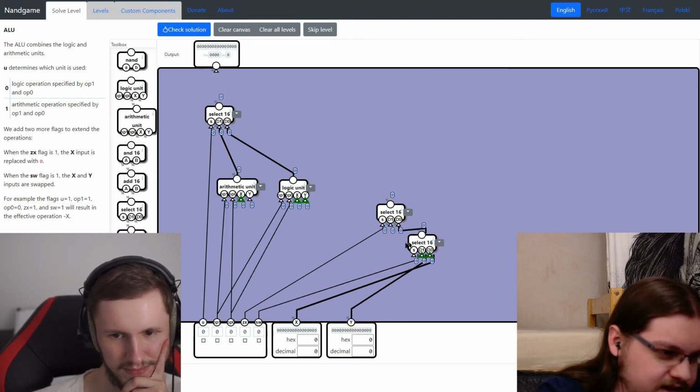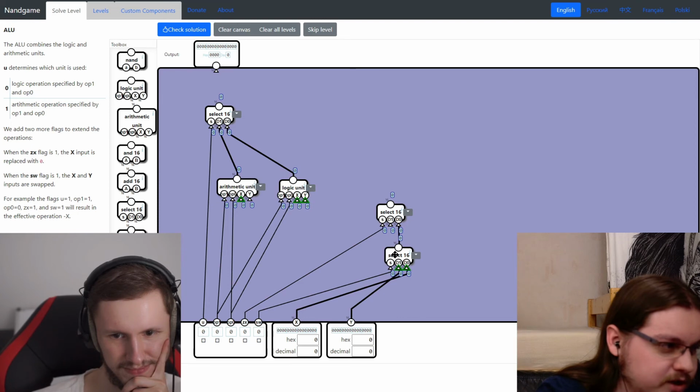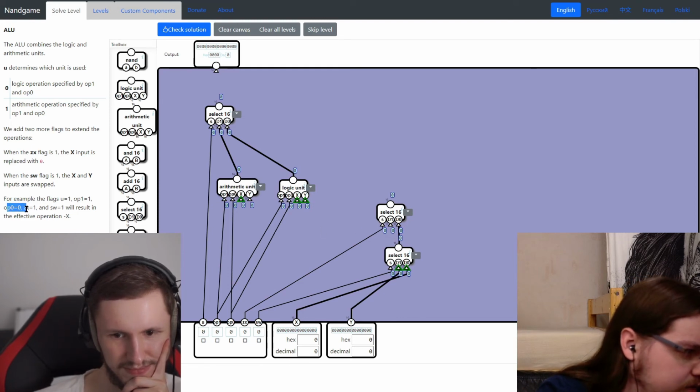I think I can use this as our X. I don't know what it's supposed to have when both flags are set. ZX 1 and SW 1 will result in the effective operation of minus X.